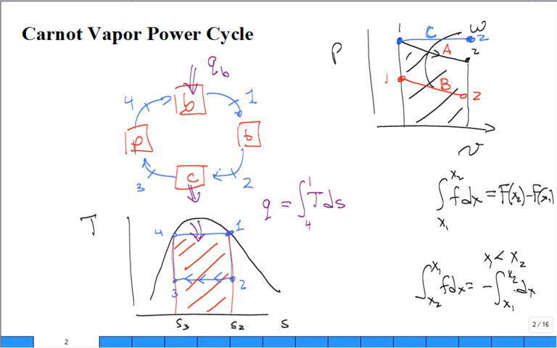It's like the subtraction. So visibly, I can see that if I'm going to integrate from state 2 to 3, the integral of T ds, that's not a positive q in, that's a negative q in. It's out of the system. And that's physically consistent. So this all shaded in red is what's coming into the system, into the boiler.